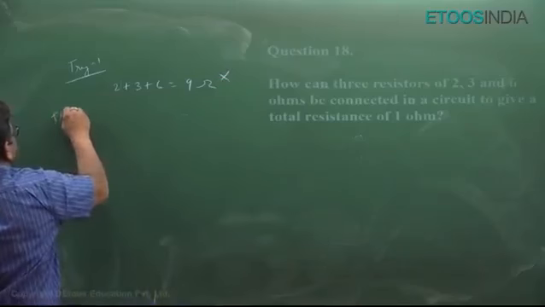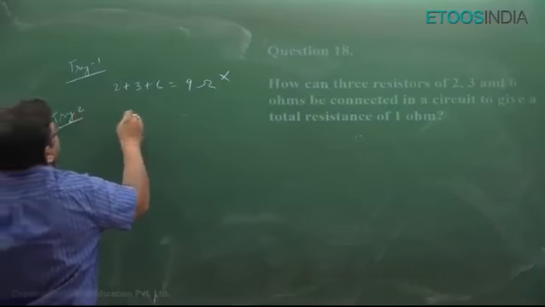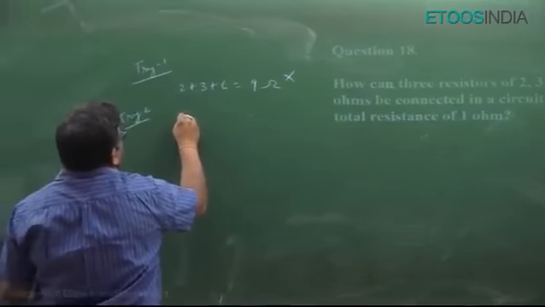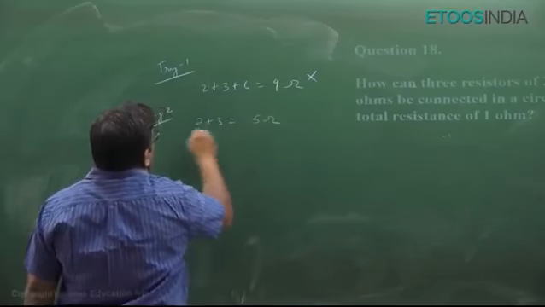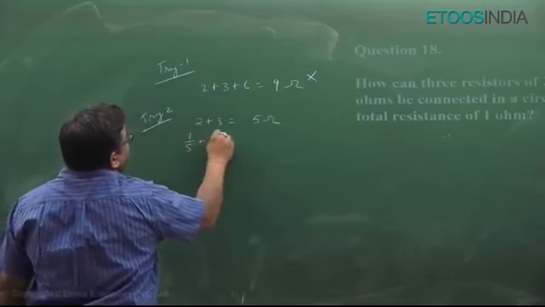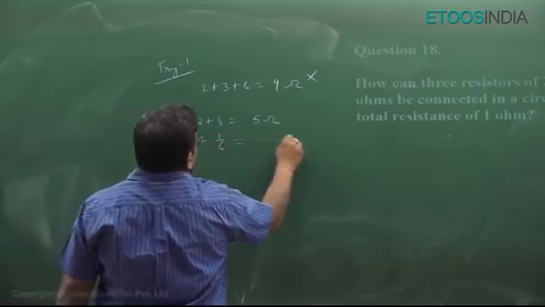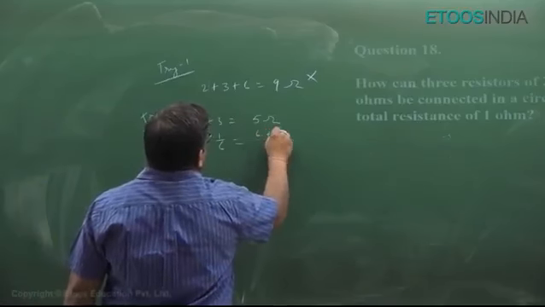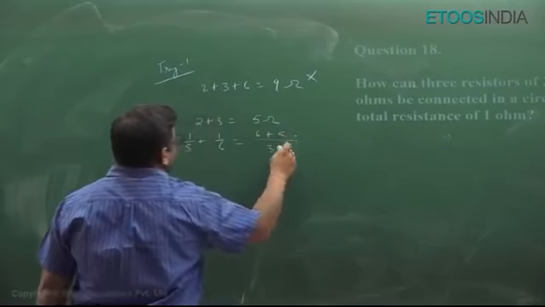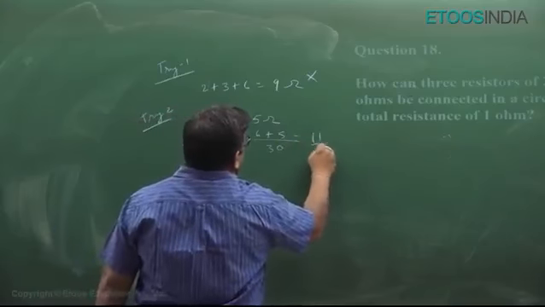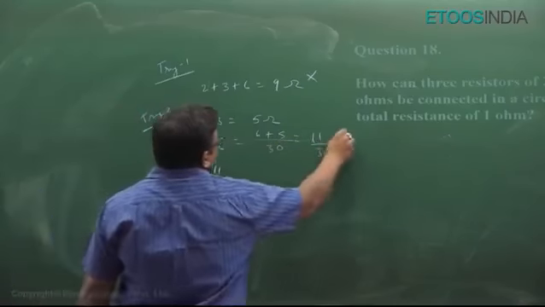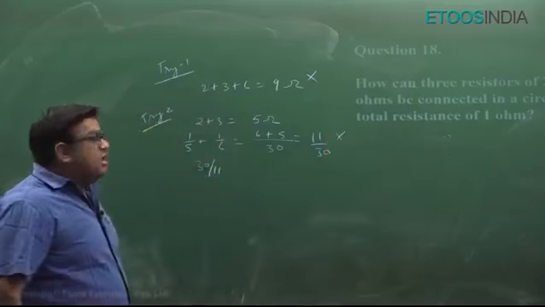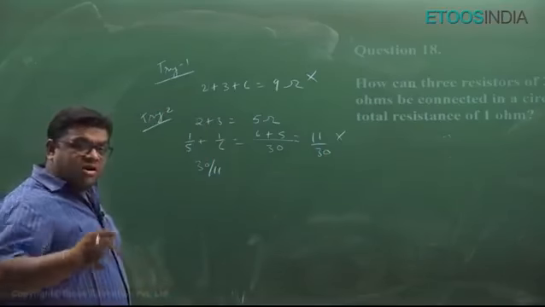Try 2. In this case, if two of them are connected in series, 5 ohm, and it is connected in parallel with 6, the answer will be 30 upon 11. So this cannot be the answer. Got it? Now what if I connect them all in parallel?